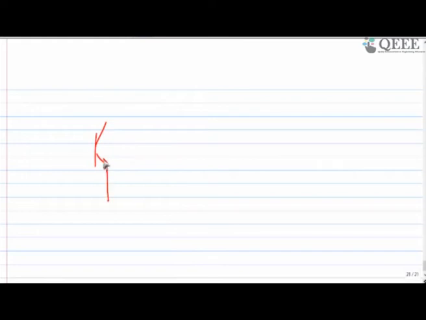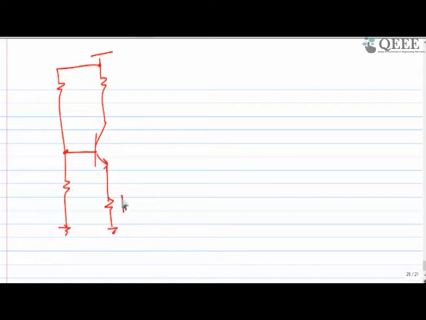So to solve that problem, we can have one more technique. That is a technique given directly in many books. We are adding one more resistance at the emitter side, and if you are doing this at the emitter side, this kind of circuit is known as emitter degeneration.